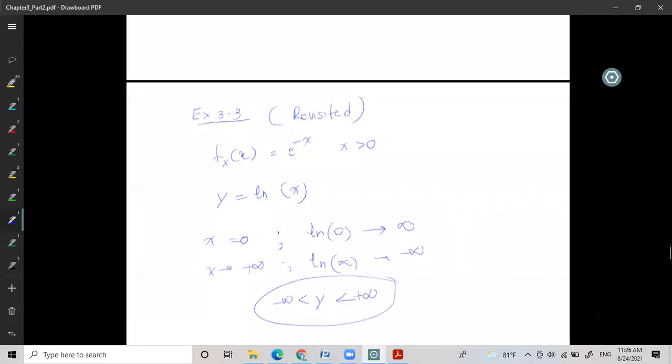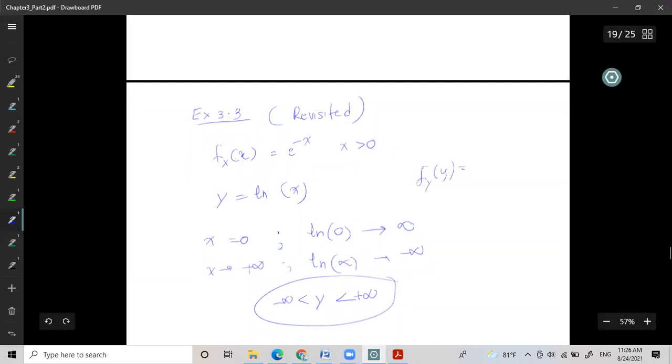In your final answer, this one, right? So y will be from negative infinity up to plus infinity.